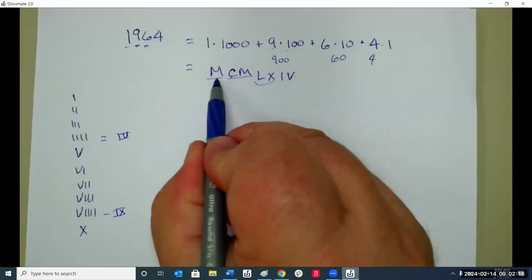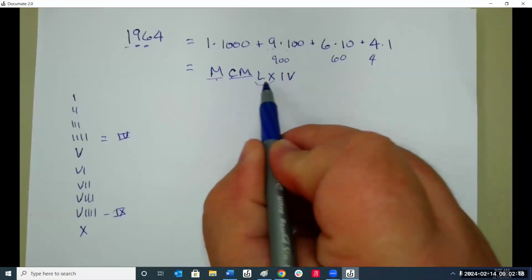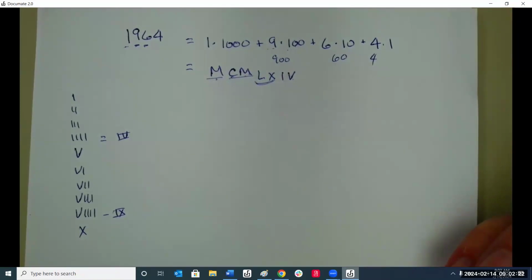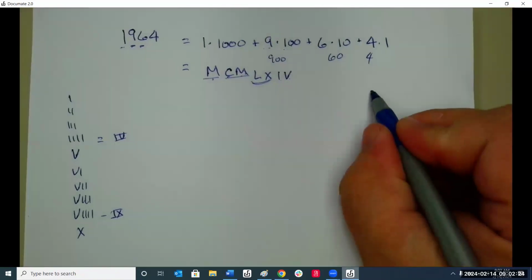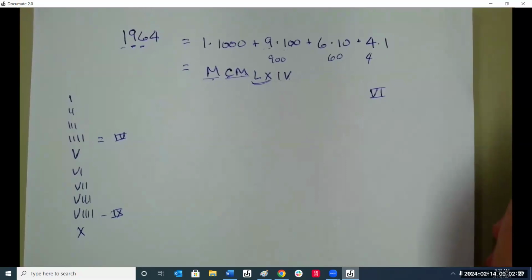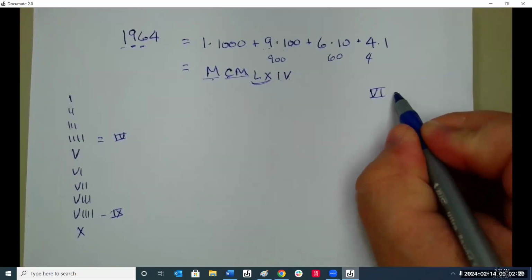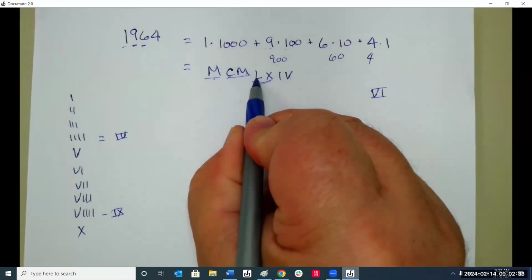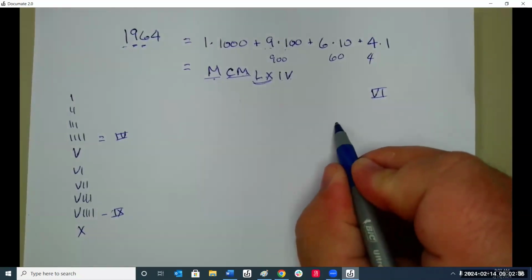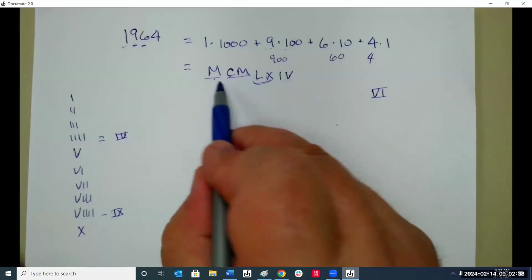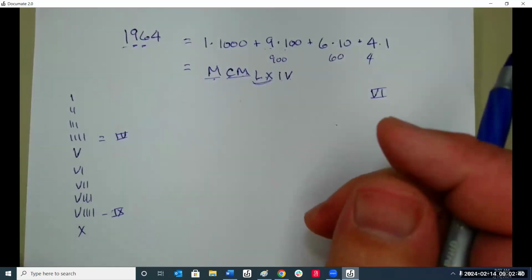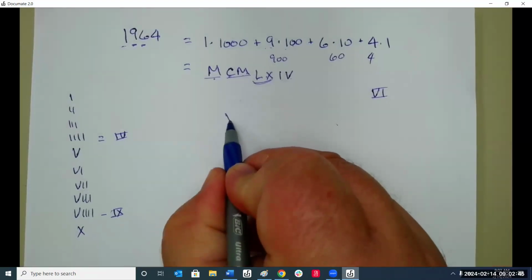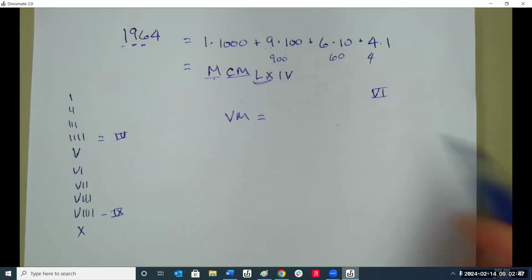So we can write this way. We have 1,954. If it was 56, it would be written like this. 64, yeah, because here's a 50 plus 10. If the big ones come after, notice the size really goes down.